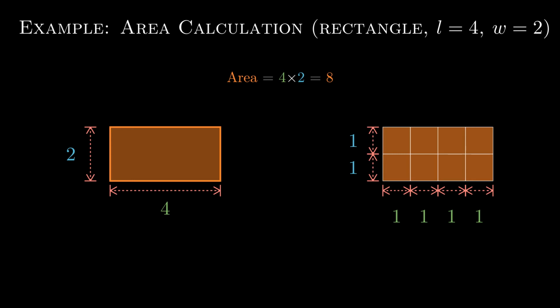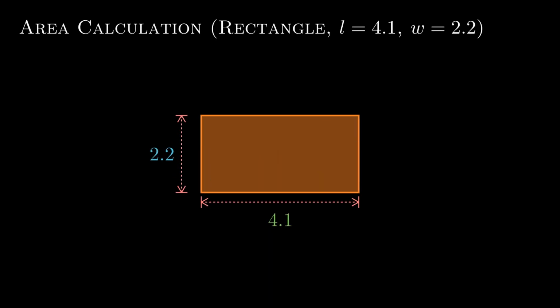So 8 squared units. What about an example in which the length and the width are not positive integers? Let's consider this example with length 4.1 and width 2.2. The question is, how do you calculate the area of this rectangle? I invite you to try to do it, and as a hint, try to take advantage of the method that we used previously.